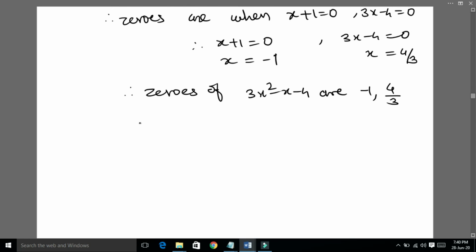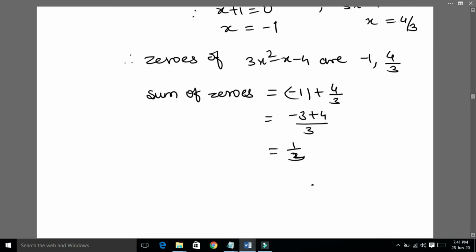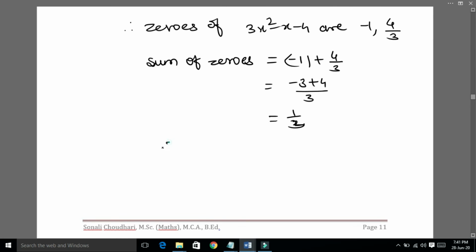Now sum of zeros is equal to −1 + 4/3, that is (−3 + 4)/3, that is 1/3. And by the formula, sum of zeros is equal to −b/a.